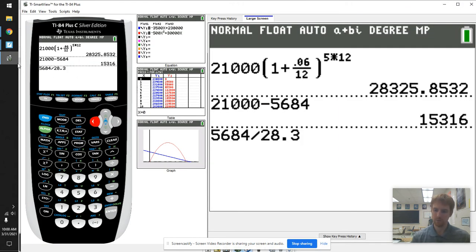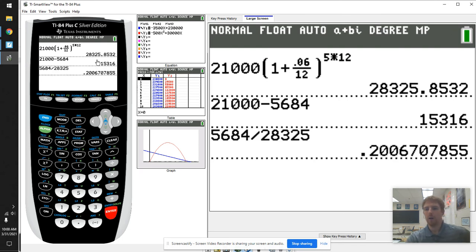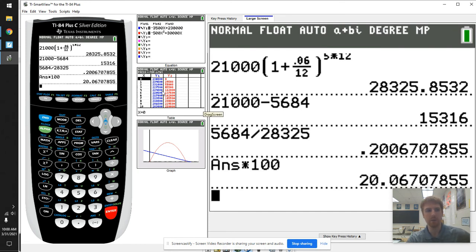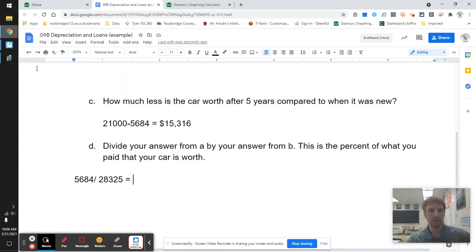And that's, to make it a percent, it's worth about 20%. So it's about 20%.